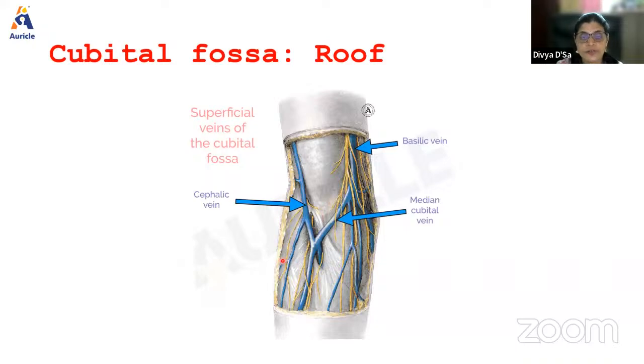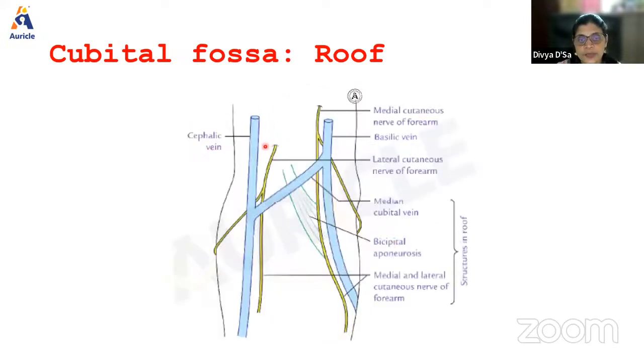In the superficial fascia, we will see the formation of the median cubital vein by the cephalic vein and the basilic vein. In addition to that, there are many nerves in that region: the lateral cutaneous nerve of forearm and the medial cutaneous nerve of forearm, as well as the bicipital aponeurosis.